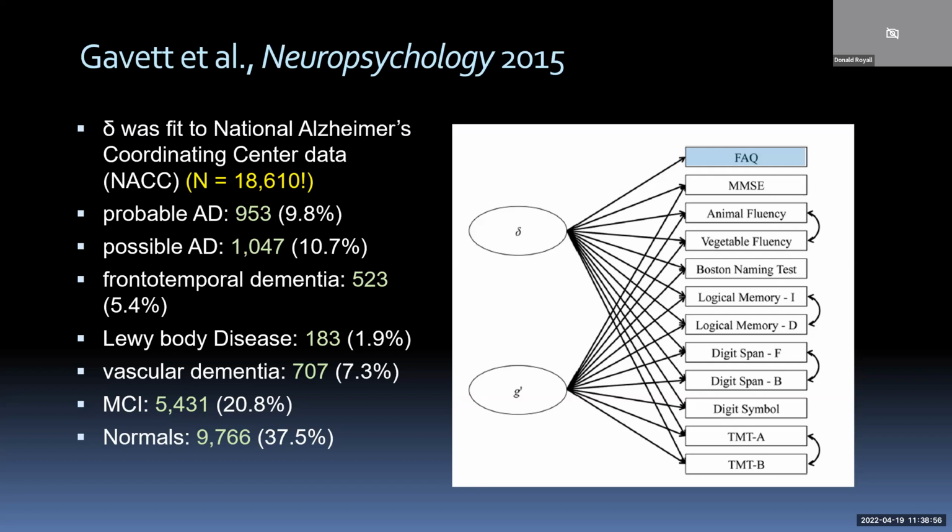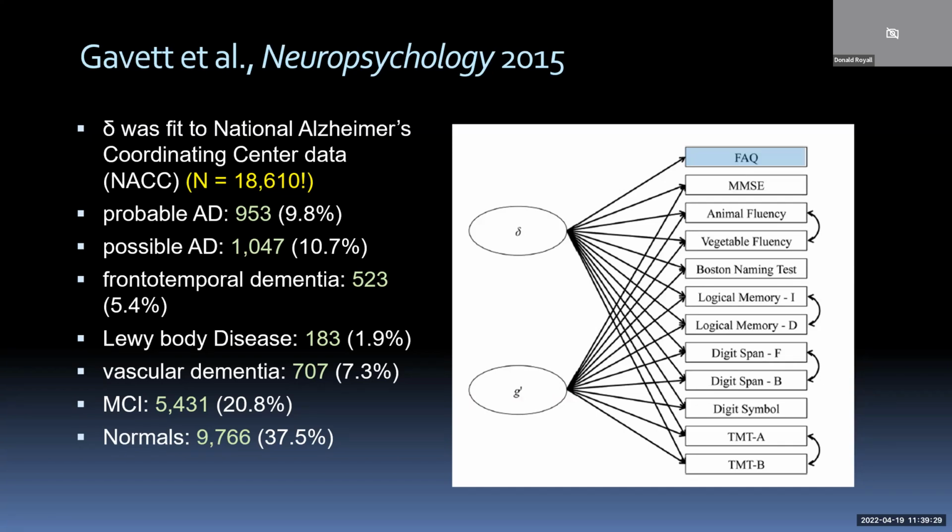And they fit D to data from the NACC, the National Alzheimer's Coordinating Center, a data set with close to 19,000 individual dementia workups with the full gamut of dementia diagnoses: probable and possible AD, FTD, Lewy body, a bunch of vascular cases, a bunch of MCI cases and normals. And his D homolog is represented on the right. It's indicated again by the FAQ.